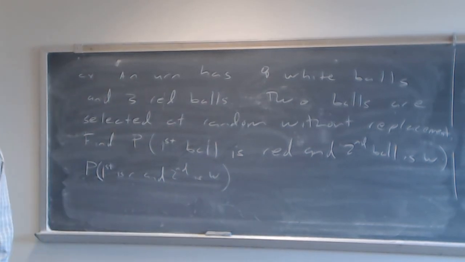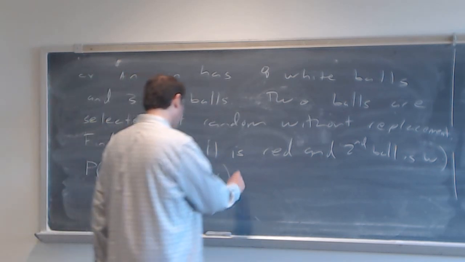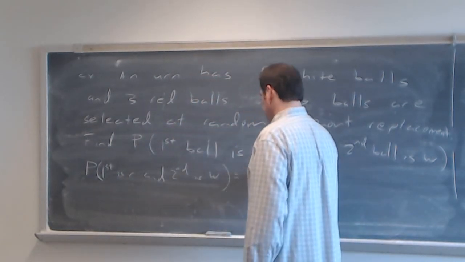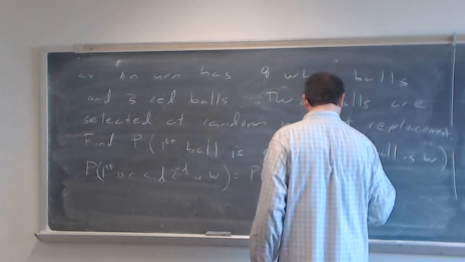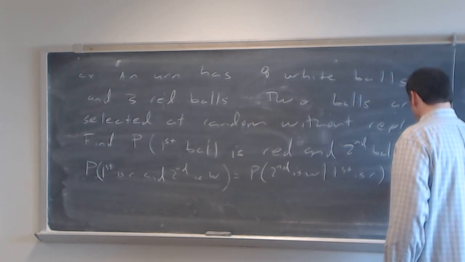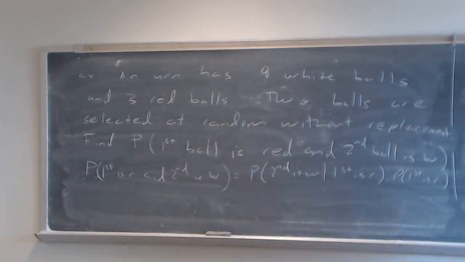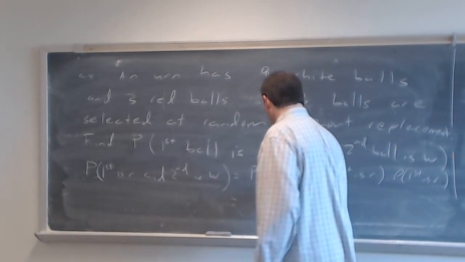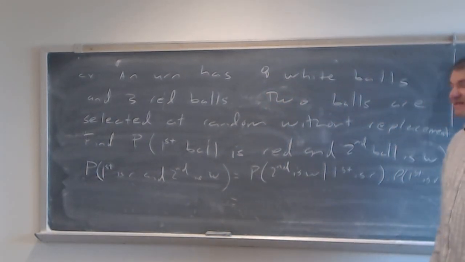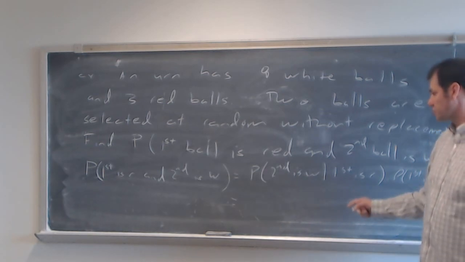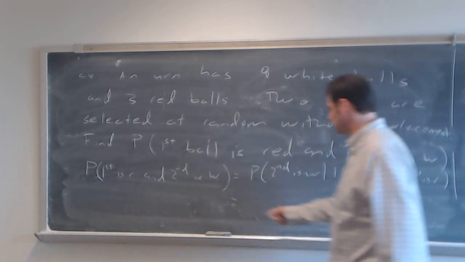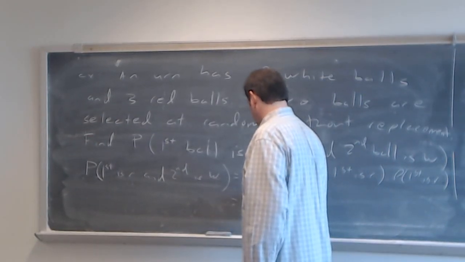You can do this problem by listing all the ways that this can happen, just using the classical definition. But instead, I'm going to say this is the same thing as the probability that the second is white given first is red, times the probability the first is red, from our fact. The probability the second is white given the first is red, we just did that, and we can calculate it very easily again by just putting ourselves in the position that the first was red, so we've got 8 white and 2 red left, and so that means 8 out of 10.